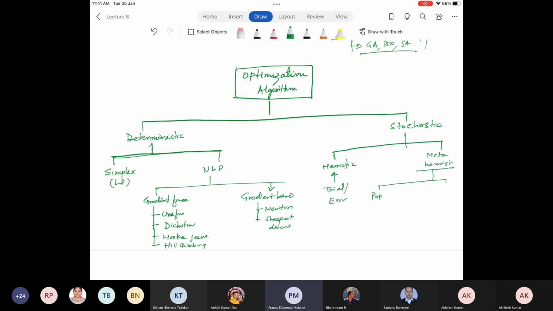Here you will have population based and trajectory based. Trajectory based is an extension of your hill climbing. Here you will get simulated annealing and all that. Population based, you have already seen genetic algorithm, PSO and so on. Okay, so this is a crude classification of optimization algorithms. We are only focusing on this part in this course.